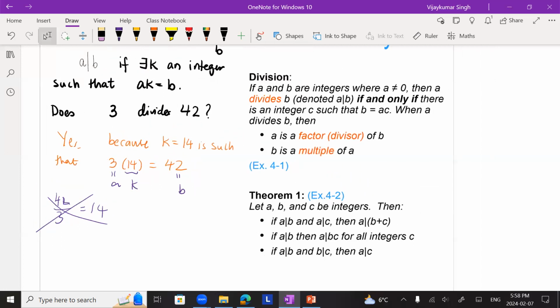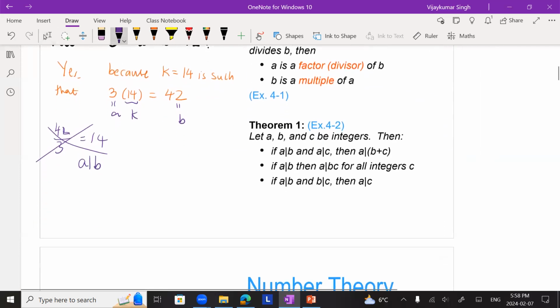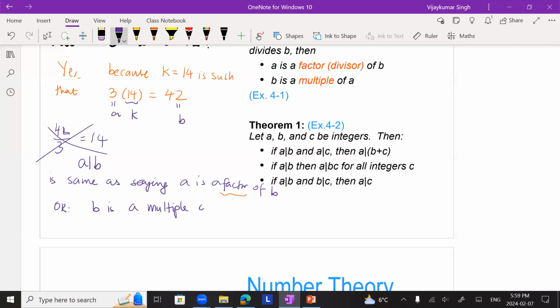Now, the same thing can be said in many different ways. One is if A divides B is the same as saying A is a factor of B, or it's the same as saying B is a multiple of A. Okay.